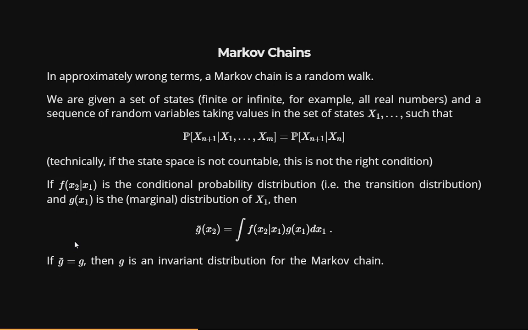In a way, what is an invariant distribution? A random variable of our Markov chain X has an invariant distribution as its marginal distribution if the probability of having some value at that point of the Markov chain is the same as the probability of having it at that same point onwards in the Markov chain.